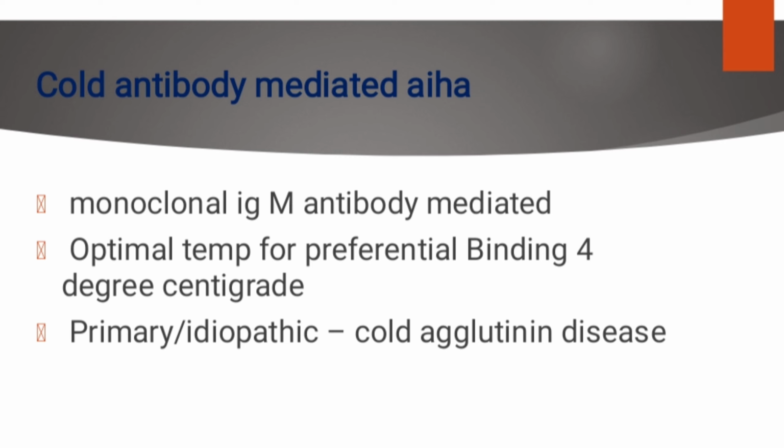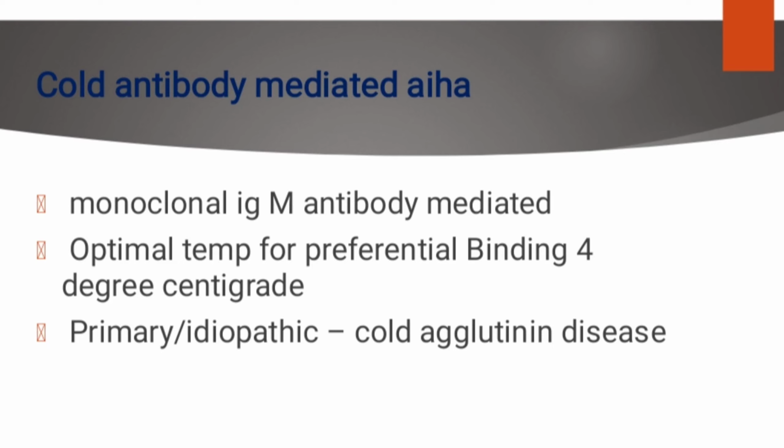In cold antibody mediated autoimmune hemolytic anemia, monoclonal IgM antibody binds to the RBCs, and the optimal temperature for preferential binding is around 2 to 4 degrees centigrade. This condition can be primary, mainly idiopathic cold agglutinin disease, which has a chronic indolent course.